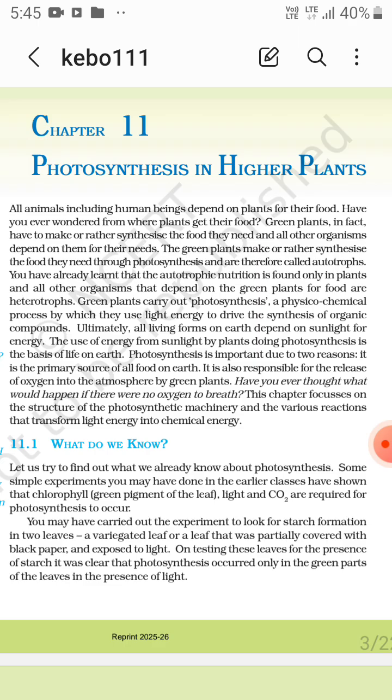Now, photosynthesis is important due to two reasons. It is the primary source of all food on Earth. It is also responsible for the release of oxygen into the atmosphere by green plants.